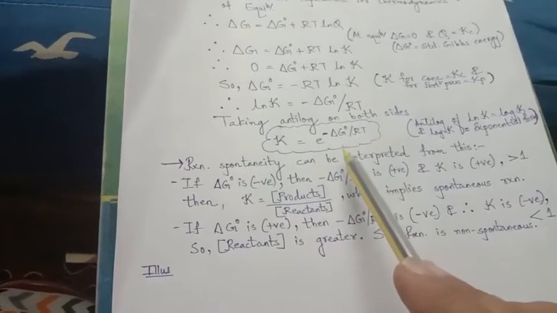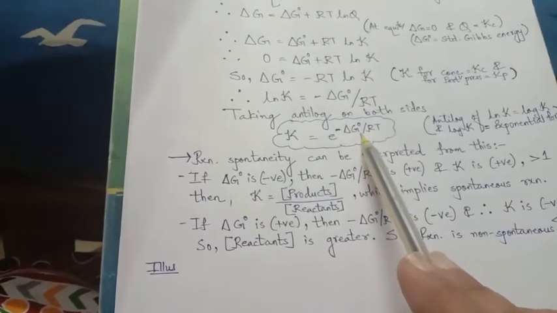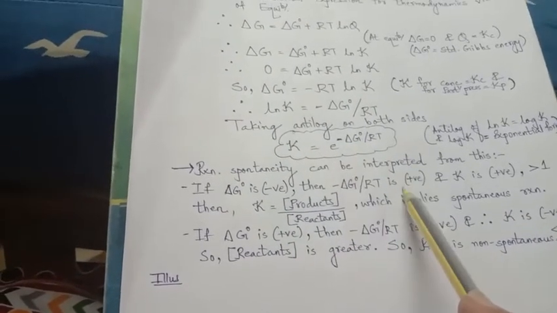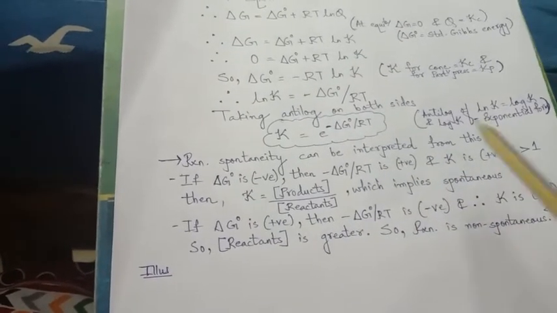I just told why positive: because delta G itself is negative, so putting the value here, negative becomes positive. And K is positive, greater than 1.